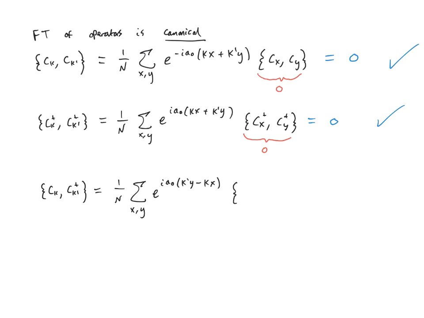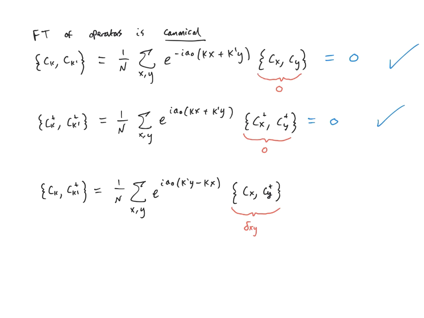Furthermore, the anti-commutator of the original operators is cx and cy dagger. And that is not equal to 0. That is equal to delta xy. It's equal to 1 if cx and cy are referring to the same orbital.